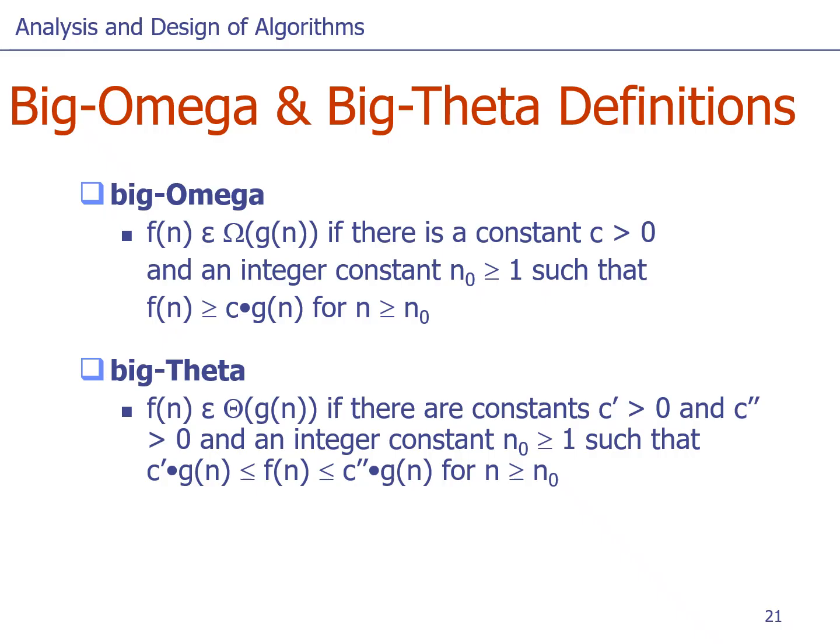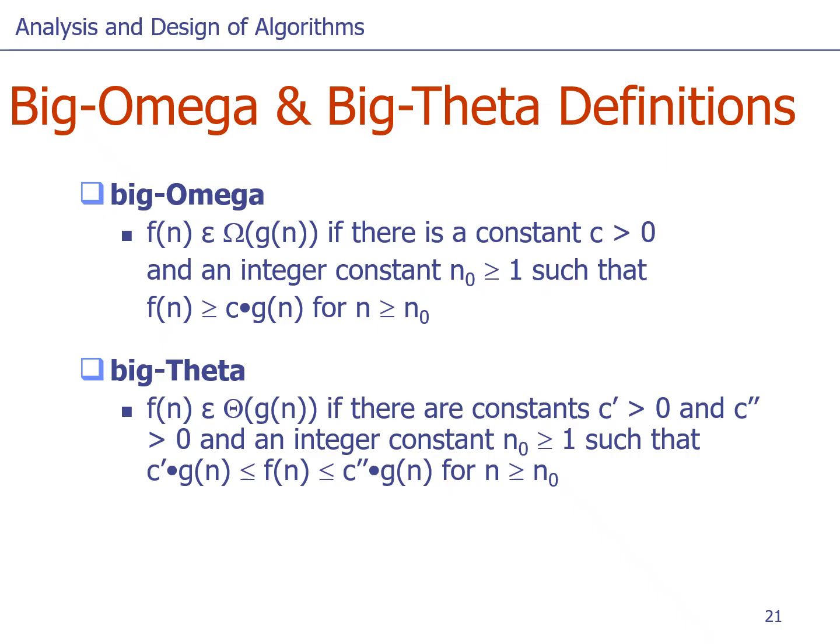Now let's complete the picture by defining two more units, which you haven't seen before. The first one we're going to look at is called the big omega. Now, big omega is the opposite of big O. So I'm going to read the definition and you will see that it's almost a mirror replica with a minor change. We could say that f of n is in omega of g of n if there is a constant c greater than 0 and an integer constant n naught greater than 1 such that f of n is greater than or equal.